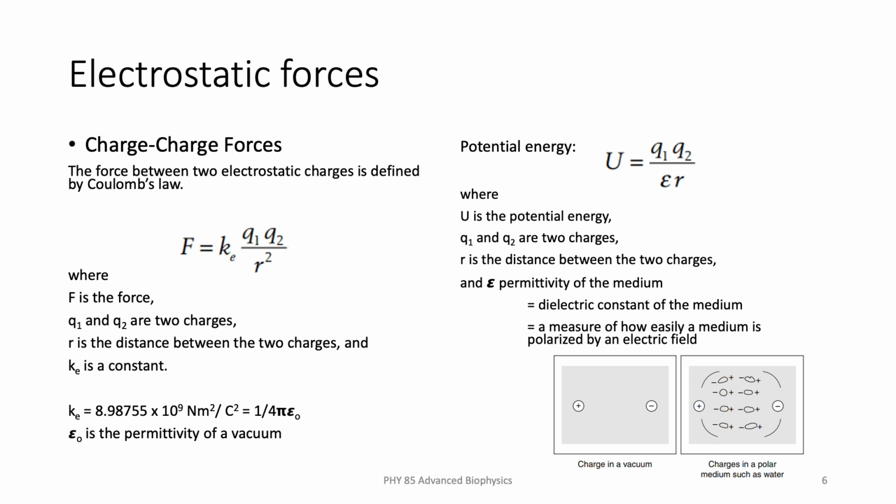The permittivity is a measure of how easily a medium is polarized by an electric field. Epsilon is also called the dielectric constant of the medium.